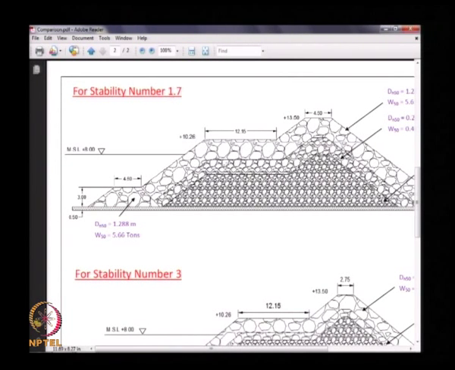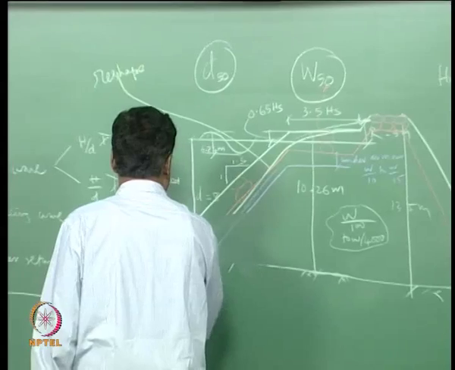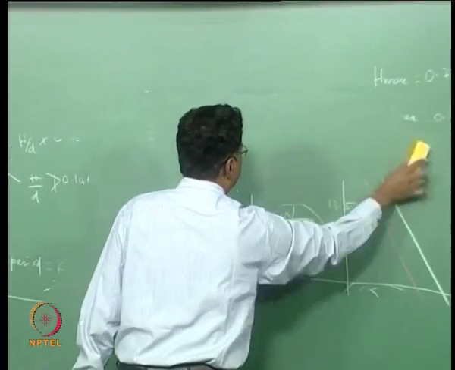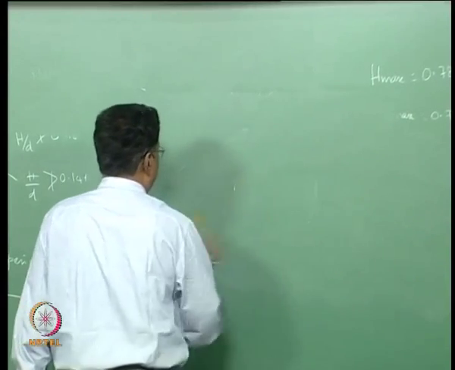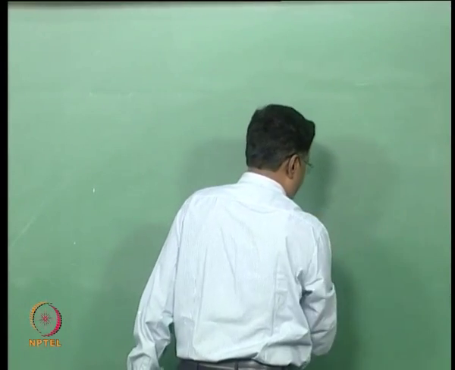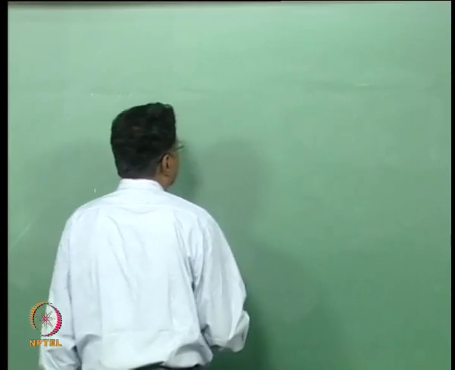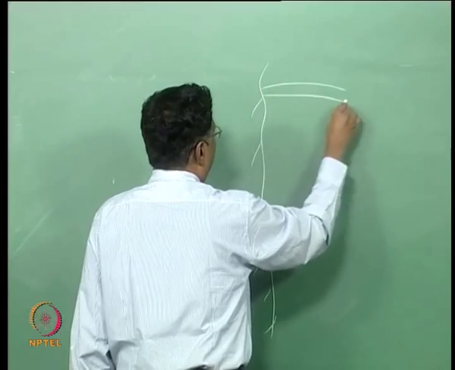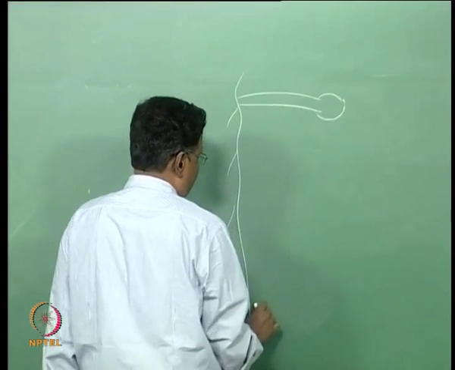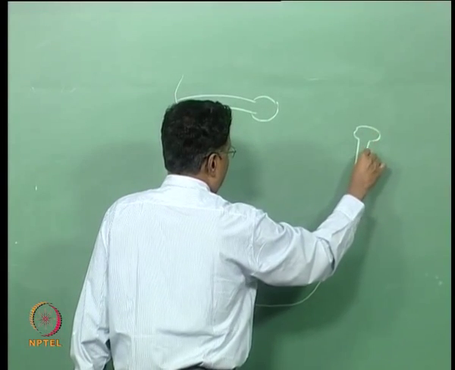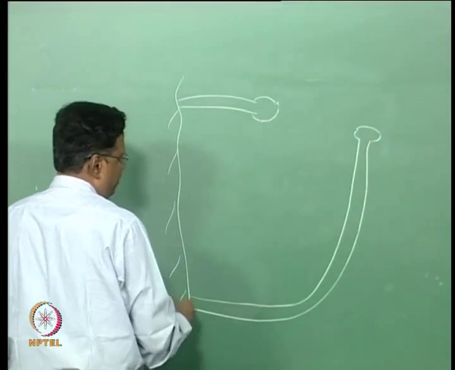So, what they do is, suppose this is your shoreline and you have one short breakwater, like Gopalpur where we have the short breakwater, then we have the long breakwater.